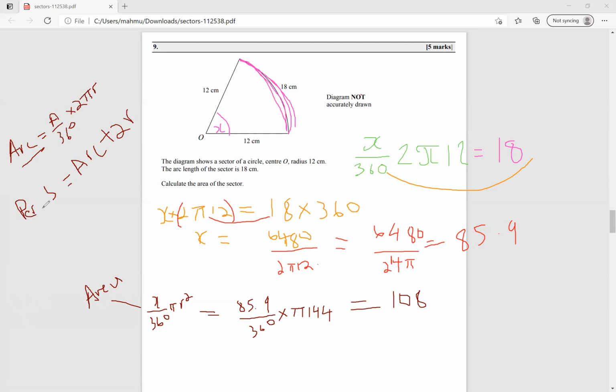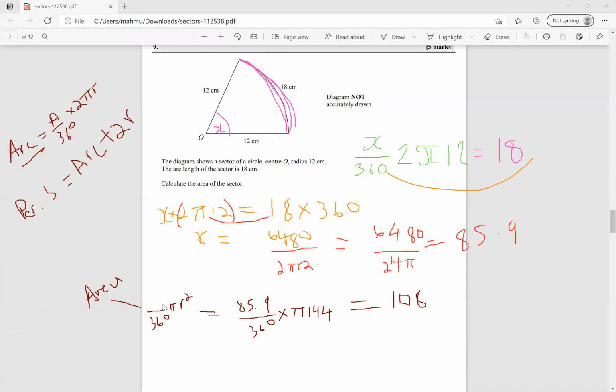I need you to memorize those three formulas. Area is, so instead of writing x there, x means the angle, so I'm going to change that x to an a for you. Whatever the angle is in that sector, a, divided by 360 times pi r squared to find the area.